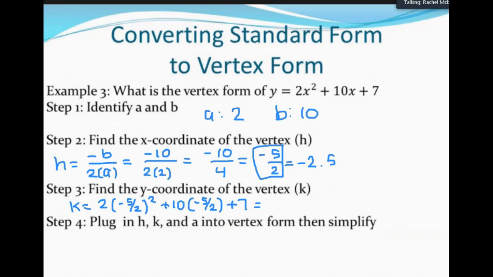So you get 2 times, and anything negative squared is positive, so you get 25 over 4. 2 and 4 simplify to 2. And then 10 times negative 5 is negative 50. Negative 50 divided by 2 is 25.